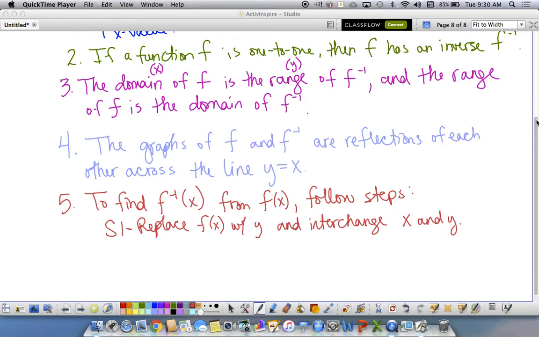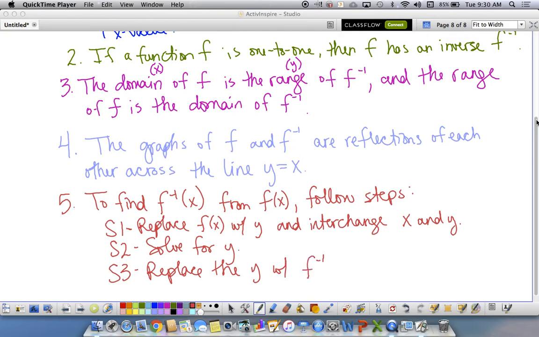Step 2, you're going to solve for y. So you want y by itself, so you will solve y equals. Step 3, we will simply replace the y with the inverse symbol. That will be the inverse function.